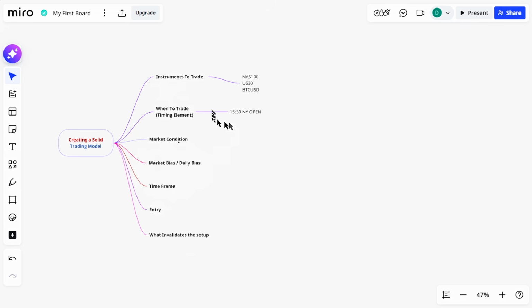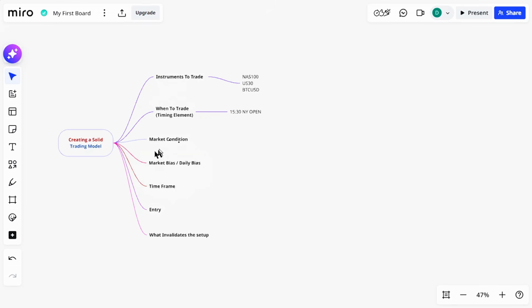I don't trade them before 15:30 New York Open because it's the timing element I discovered, when these instruments start to be active and decisive in terms of movement. It's the same thing you've got to do with the instruments you've just picked: make sure you pick their timing element.